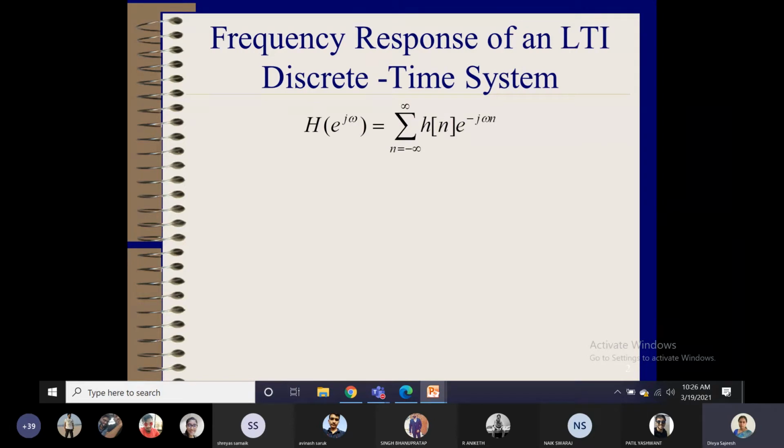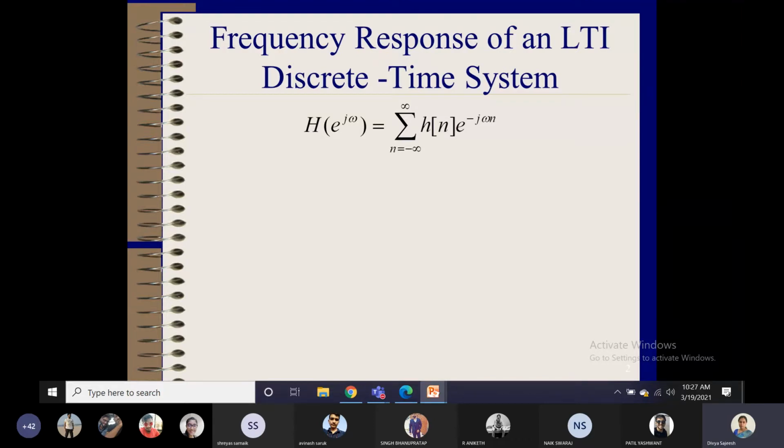That was very easy for us to analyze in the Z domain because we got the system in terms of algebraic equations, and finding the solution will be easy there. Because of the easiness in finding the solution for the system, we transformed the discrete time signals into the Z domain.